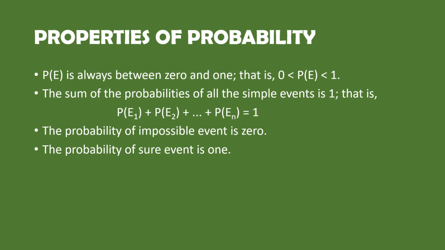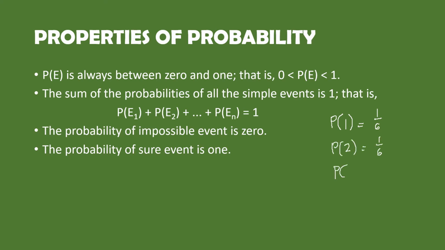For example, rolling a die. What is the probability of getting a 1 when you roll a die? So the probability is 1 over 6. What's the probability of getting a 2 when you roll a die? Again, it's 1 over 6. So I'll write it here. Probability of getting a 1 in a die is 1 over 6. The probability of getting 2 is 1 over 6.